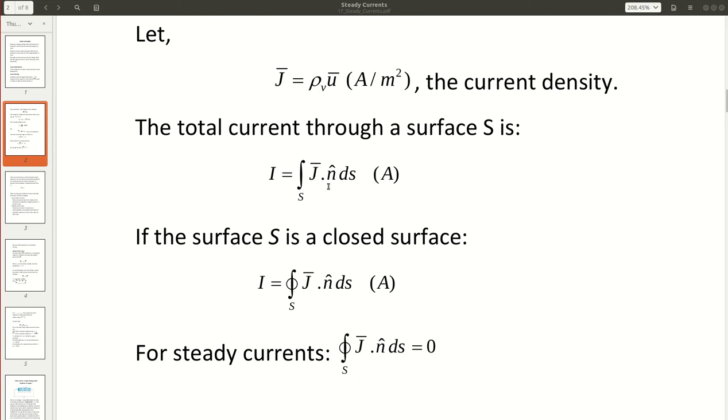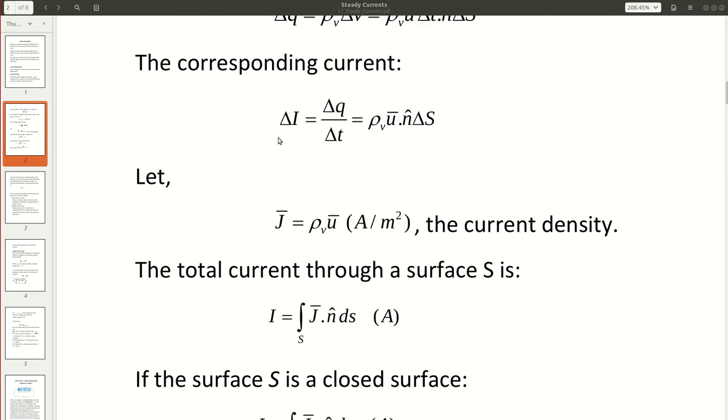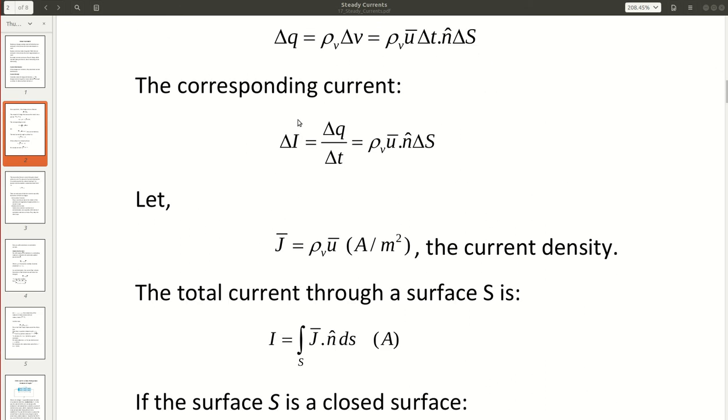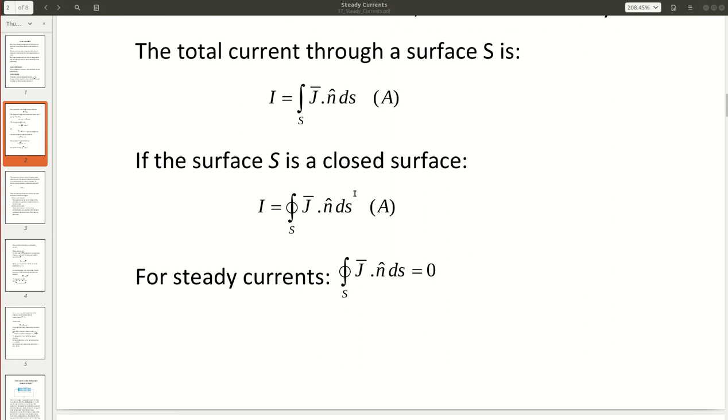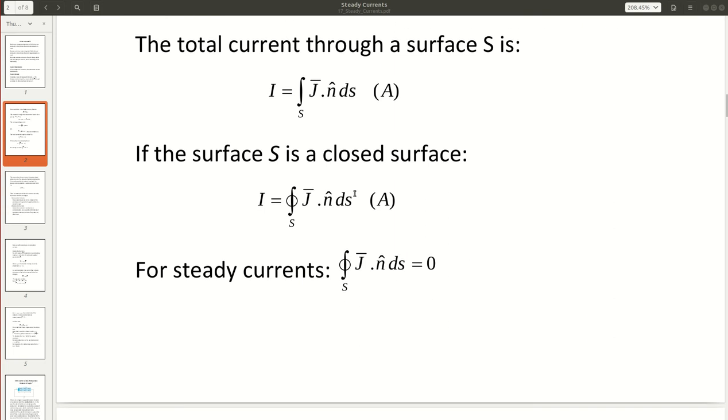The total current is found by integrating the current density over the surface the current crosses. If this surface is a closed surface, you take the closed integration over the density and you get I.